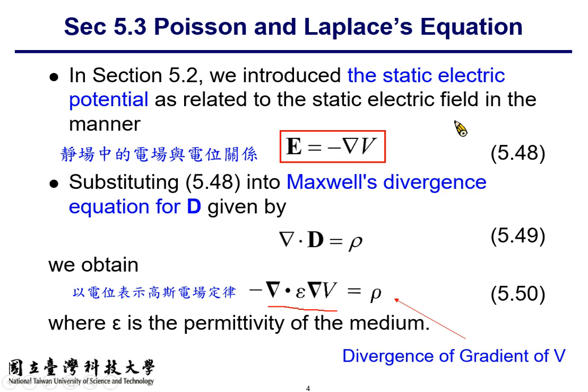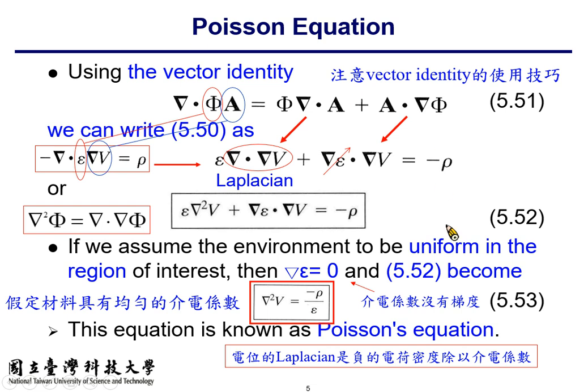Okay, so we got equation 5.50. So the charge density equals minus the divergence of the gradient of electrical voltage V times epsilon. And this is the equation we just derived in the previous slide.